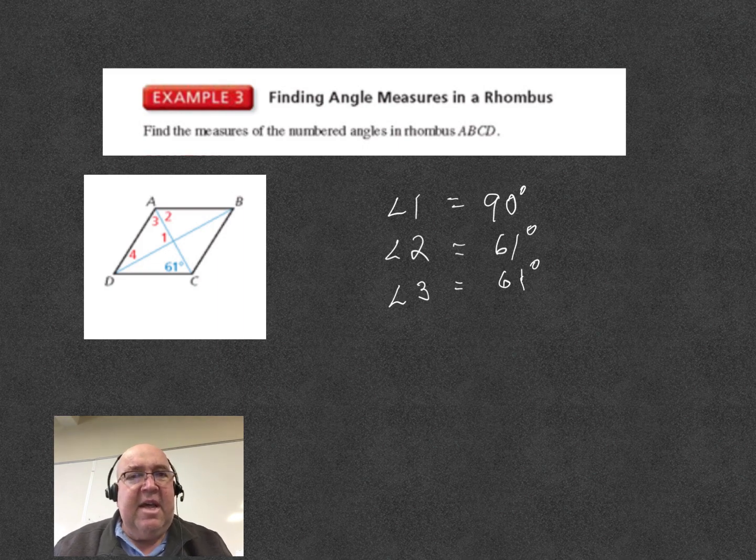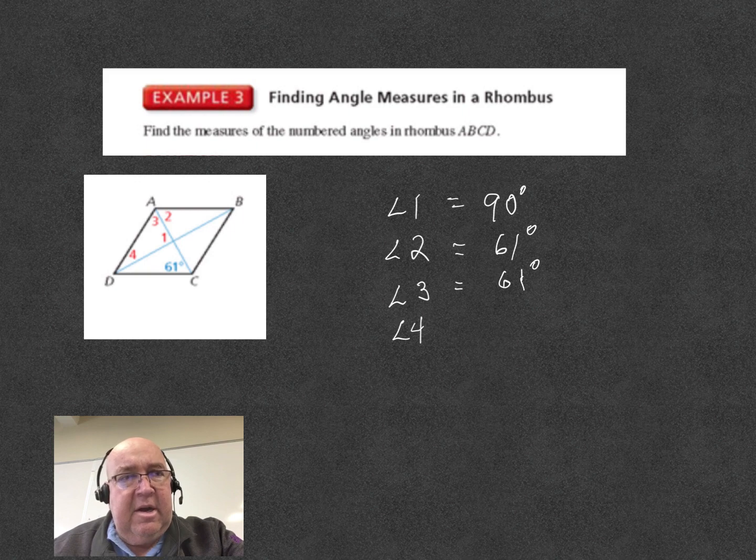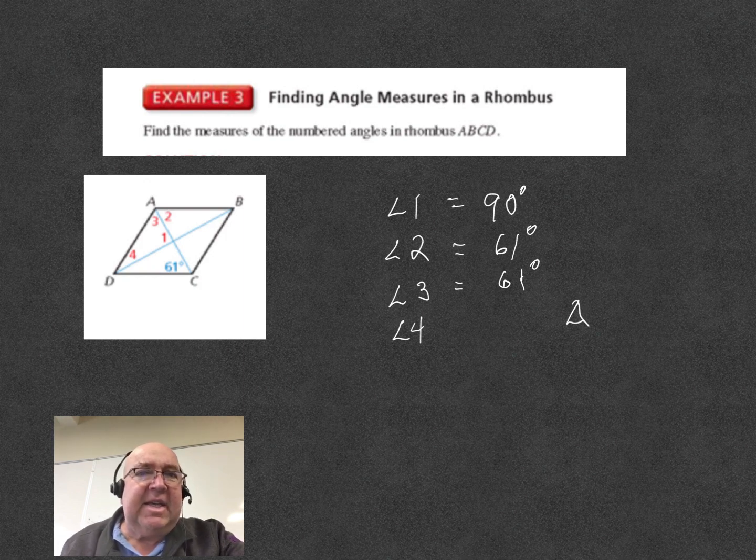And then finally, angle 4, we know it's part of the triangle formed by A, D, and the bisecting diagonals.